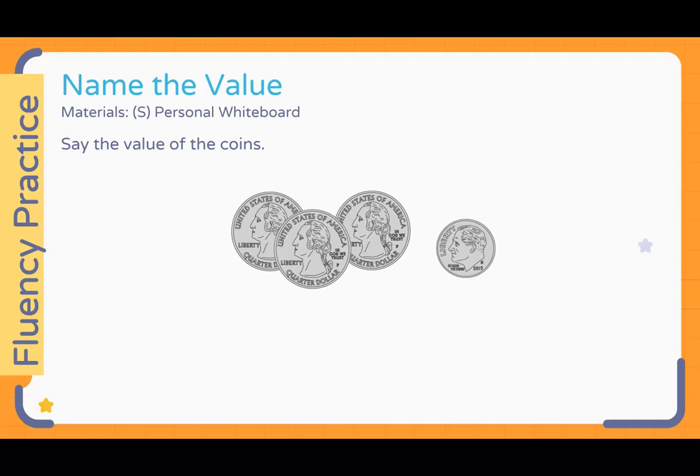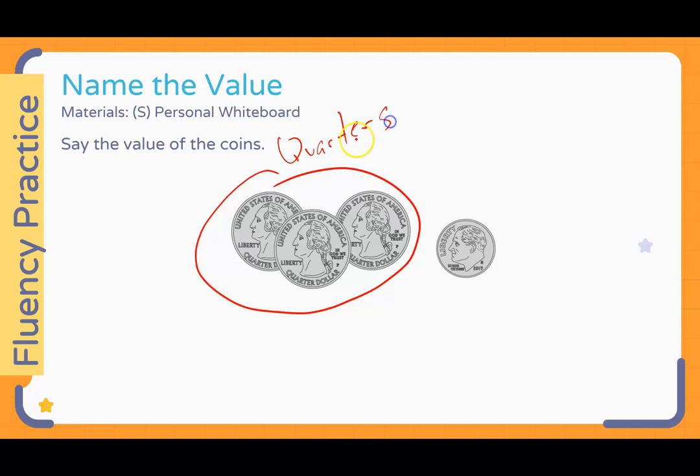All right, so you're just going to follow along with me pretty much. Okay, so what are these? Right, quarters. How much are they worth? 25 cents. How much total do I have here? 75 cents. What coin is this? Dime.